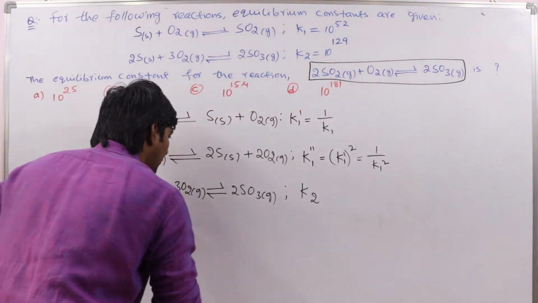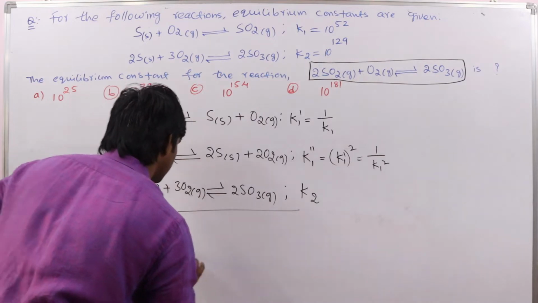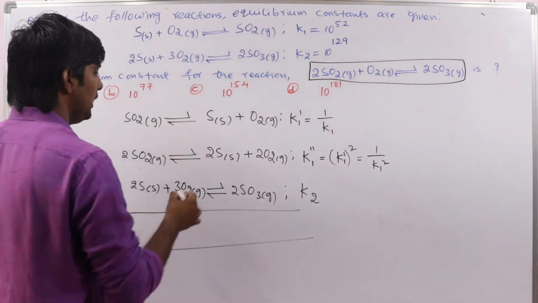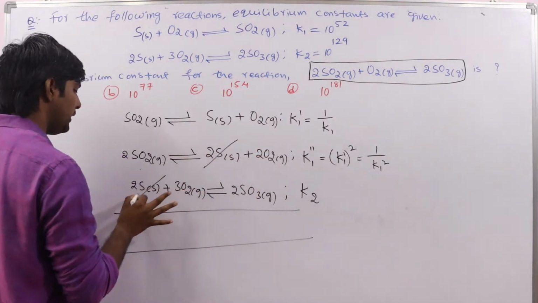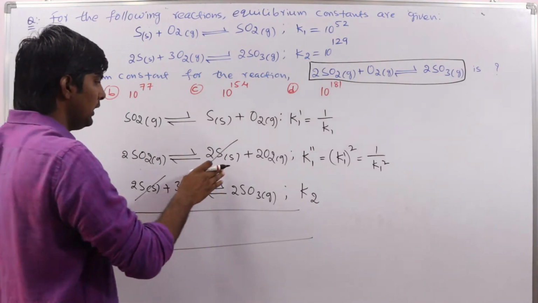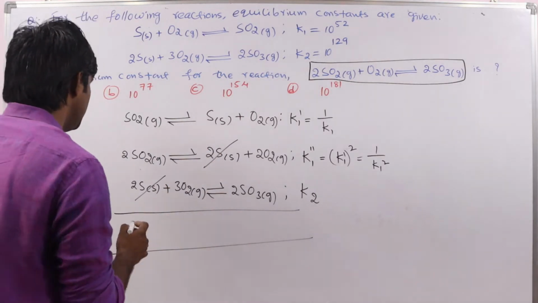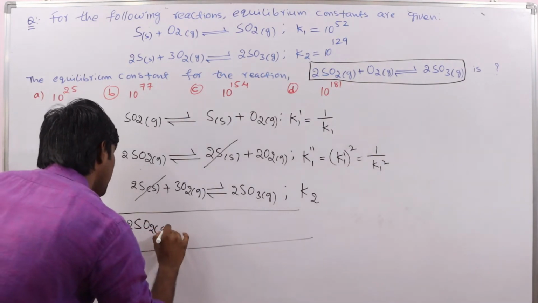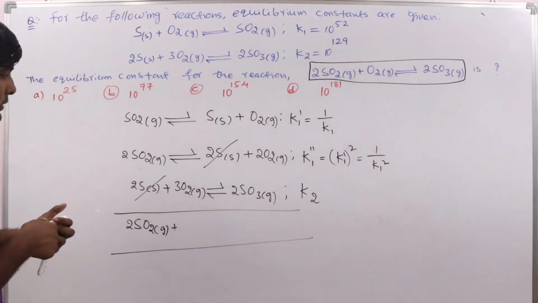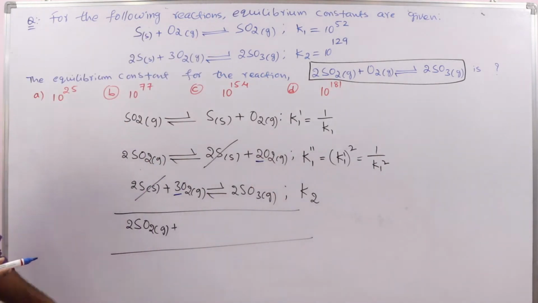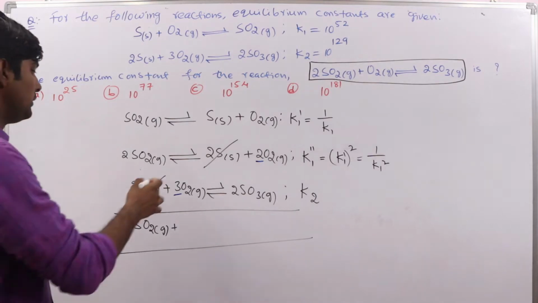Now, when you add both of these reactions, the 2 moles of sulfur on each side will cancel, so sulfur does not appear in the net reaction. Finally, we have 2SO2 plus 3 moles of O2 on one side and 2 moles of O2 on the other.